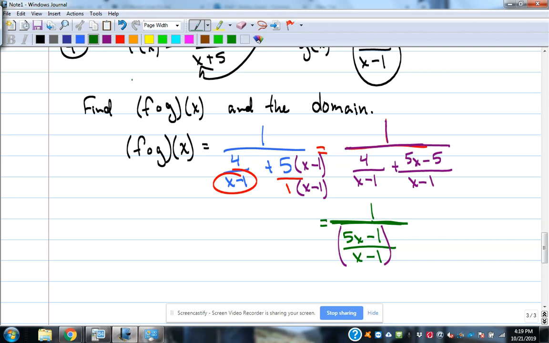And if we think back to rules for operations with fractions, dividing by a fraction is the same thing as multiplying by its reciprocal. So what's the reciprocal of that fraction that I've got in parentheses there?